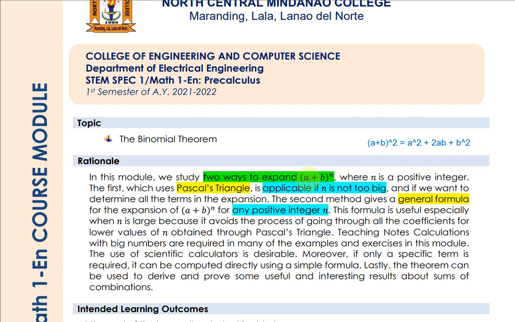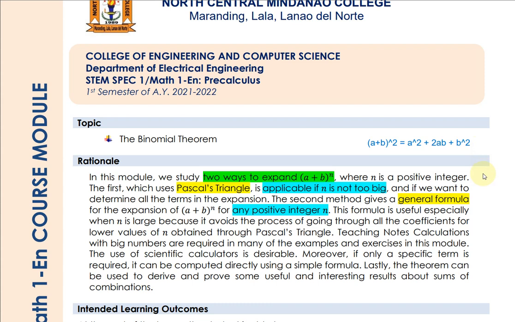If you wish to expand, for example, a plus b to the power of 5, we can use Pascal's triangle and we will know all the terms of that expression.